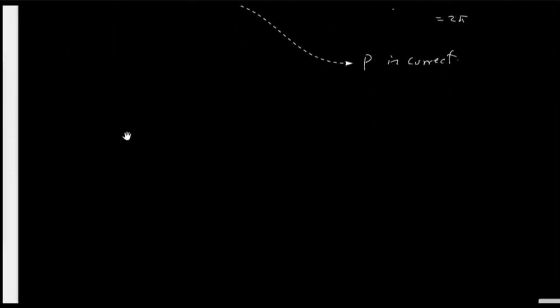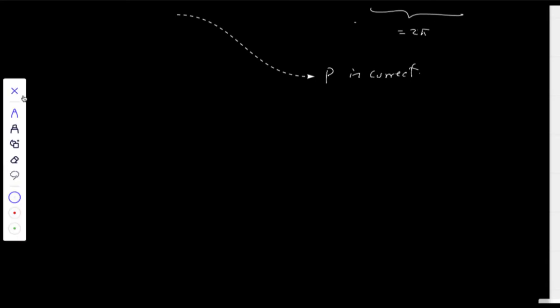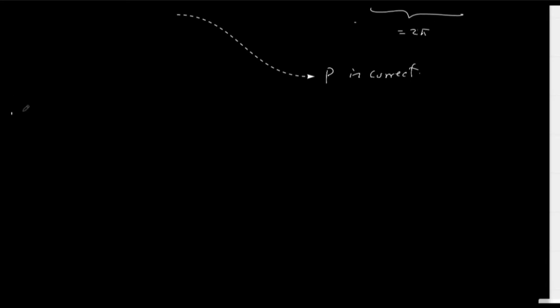For the Q statement, we apply the square difference formula. So mod of Z2 square minus Z1 square is equal to Z2 minus Z1 into Z2 plus Z1.